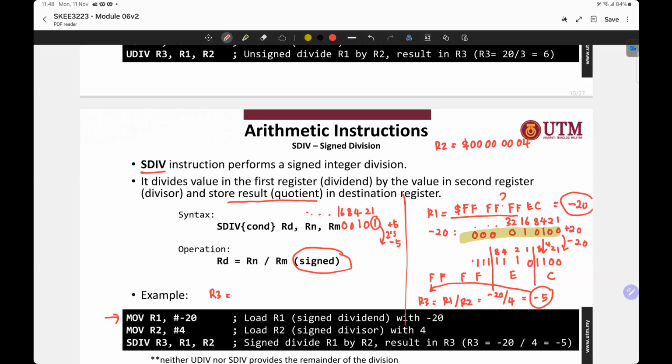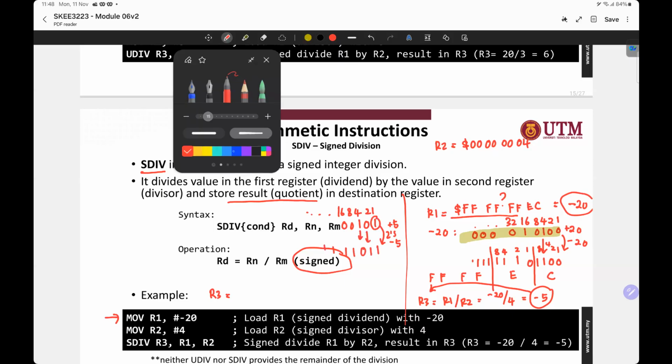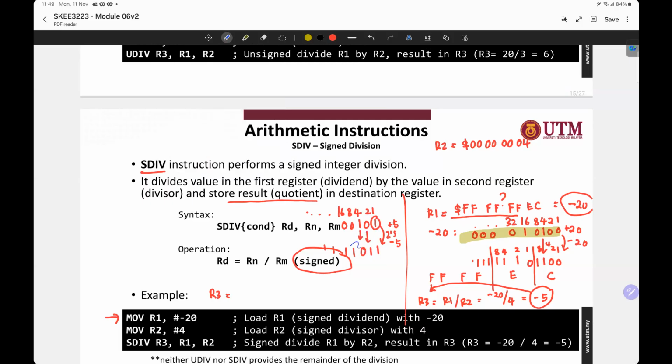We find the first number 1. This is the number 1. You just copy it, and the rest you just invert. So this one becomes 1, 0, 1, 1. After that, we change it to hexa number.